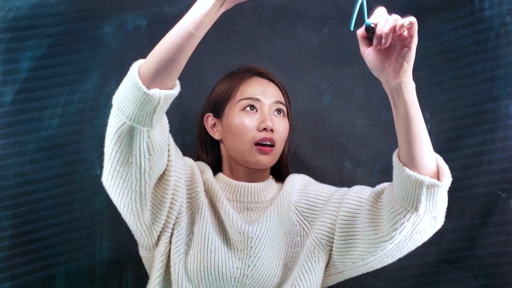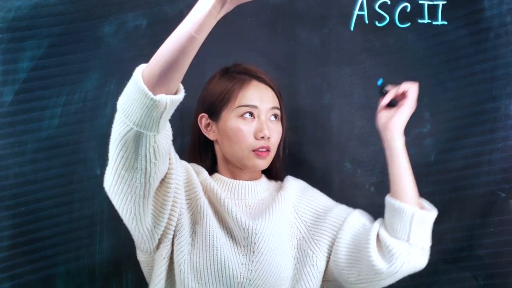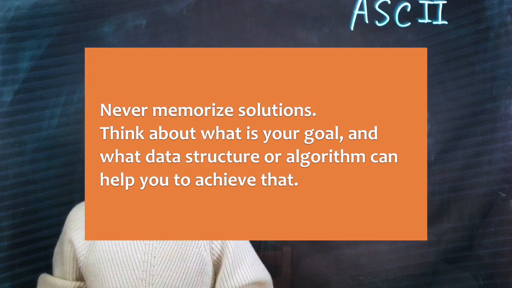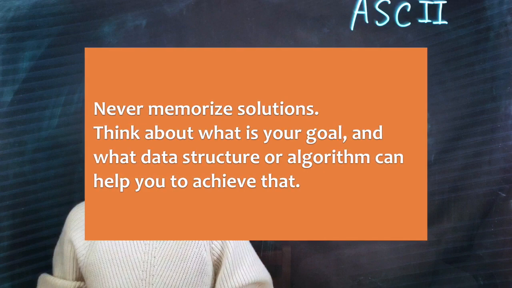Alright, that's the first solution for the isomorphic string problem. Remember, we mentioned the ASCII code earlier when we were discussing space complexity. So let's rethink our goal. Remember, know your goal first and think about what data structure or algorithm can help you to achieve that goal.